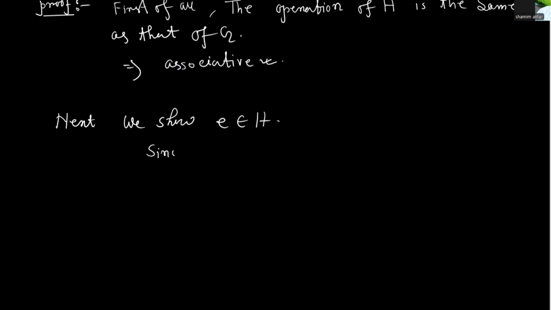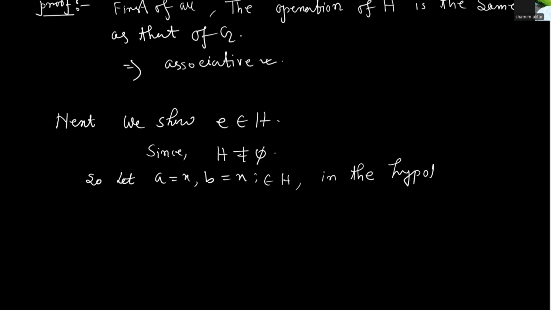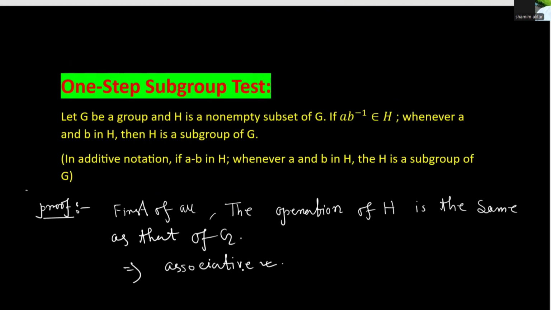Since H is non-empty, let a equal to x and b equal to x, where x belongs to H. In the hypothesis we have a b inverse belongs to H whenever a and b belong to H. So we choose a equal to x and b equal to x.